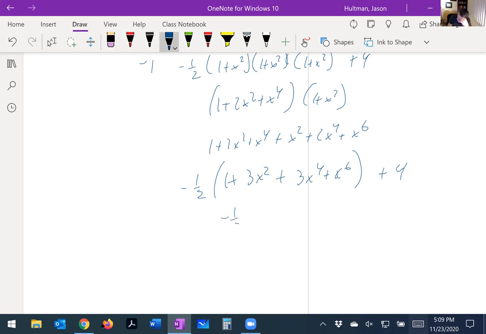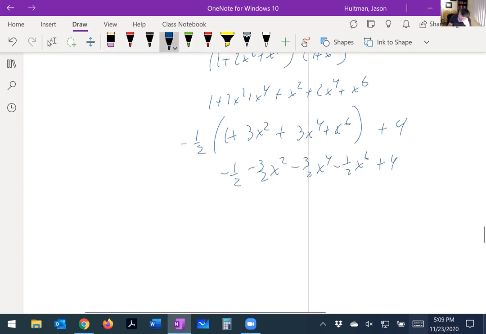So this is -1/2 minus 3/2 x squared minus 3/2 x to the 4th minus 1/2 x to the 6th plus 4.